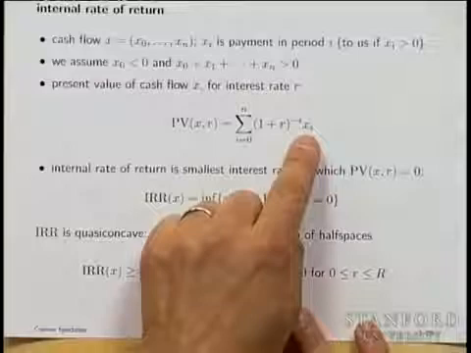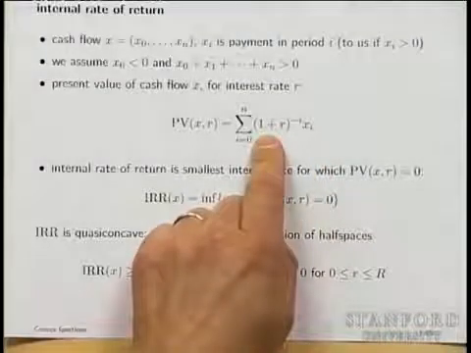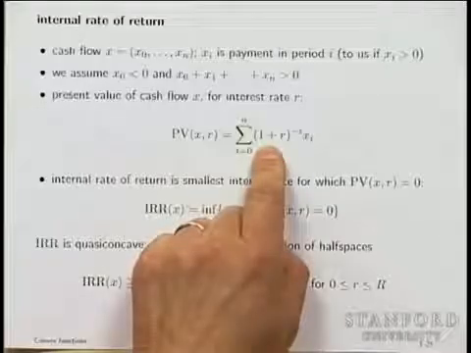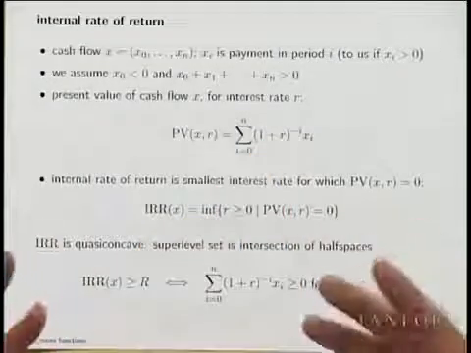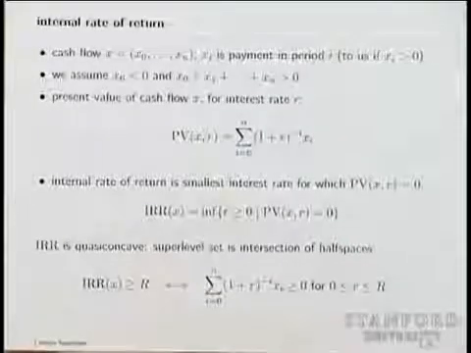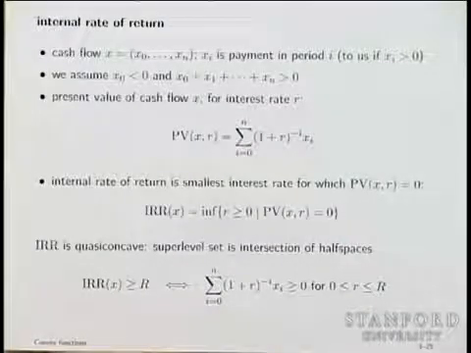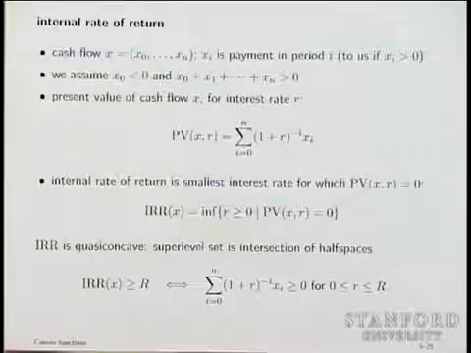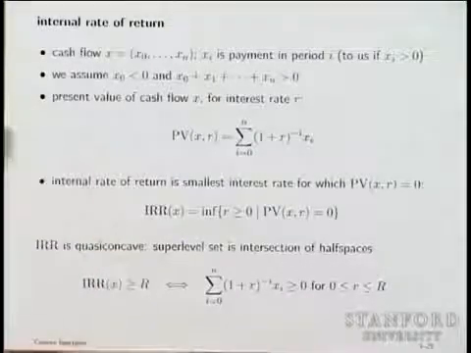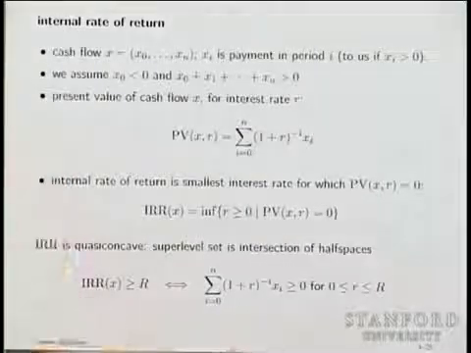Note that it's a function of powers of 1 over 1 plus r, so it's a polynomial in 1 over 1 plus r. Then you'd find the roots of the polynomial. These would be the values of the interest rate at which that investment is neutral, and then you'd find the smallest of those. This is complicated. It's like an eigenvalue or something. This is not simple.